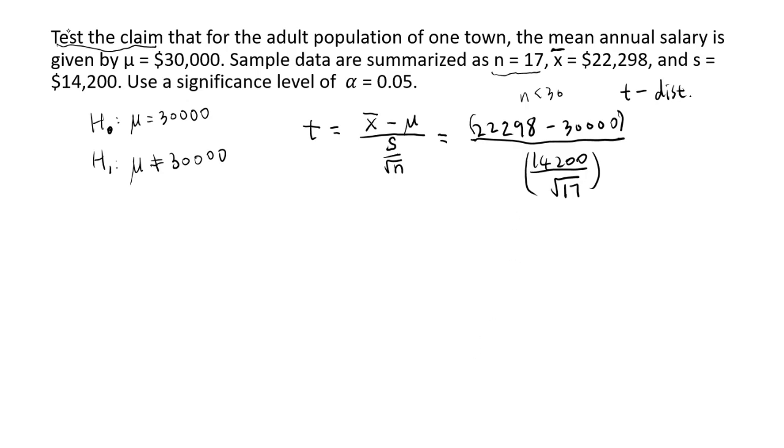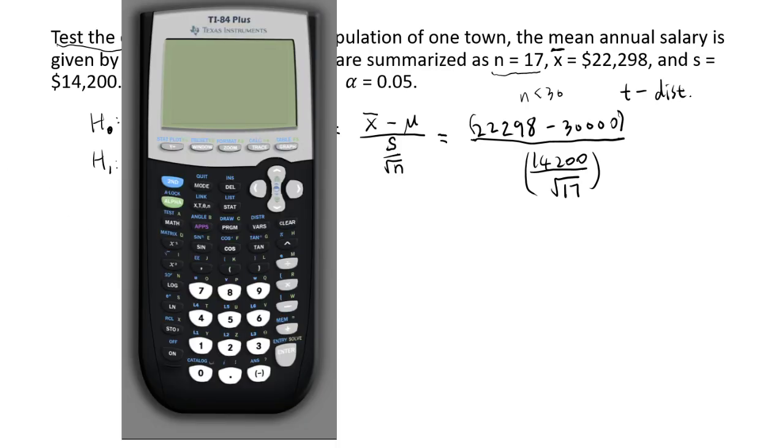Let's use a calculator: parenthesis 22298 minus 30,000, close the parenthesis, and then divide, open the parenthesis, 14200 divided by square root of 17, close parenthesis, enter, and you get negative 2.23, or negative 2.24.